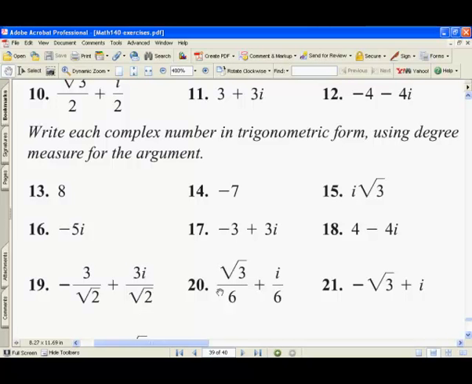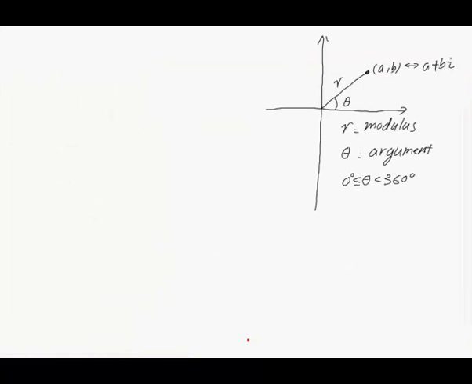Okay, let's look at problem 14 on page 622. We need to rewrite this complex number in trigonometric form, using degree measure for the argument. First we have -7.